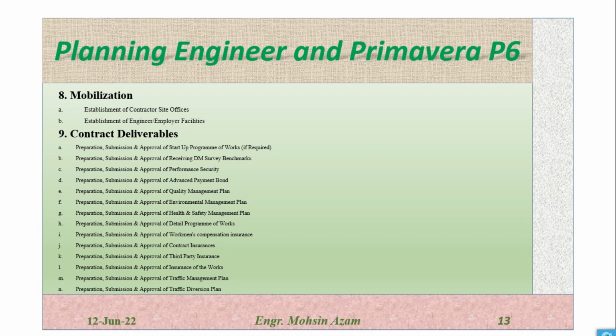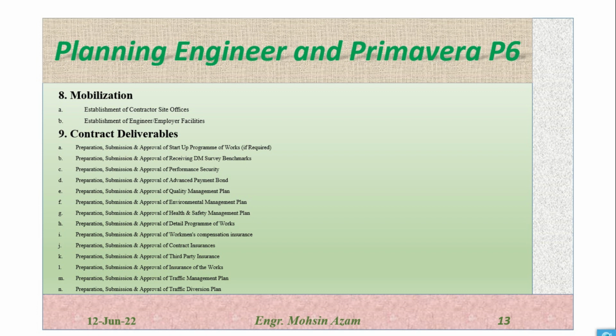After this, we have to prepare, submit and get approval of the DM survey benchmark. And after this, preparation, submission and approval of performance securities, advance payment, quality management plan, environmental management plan, health and safety management plan, and detailed program of work.